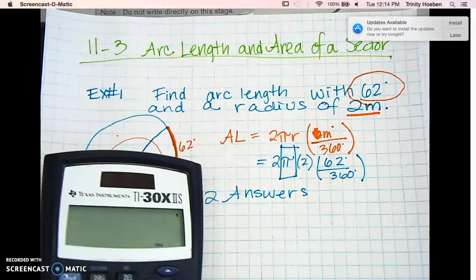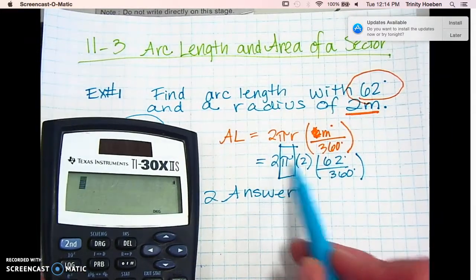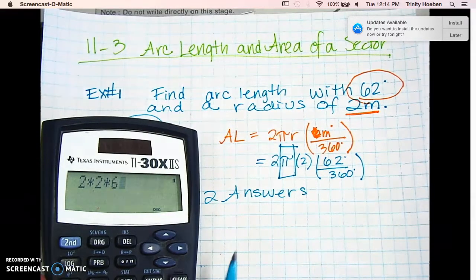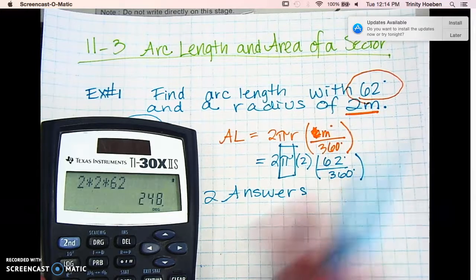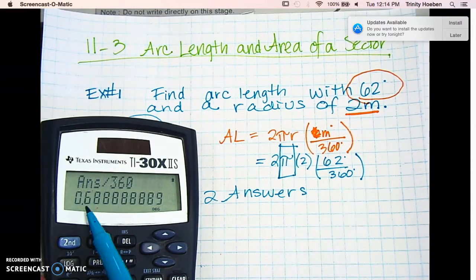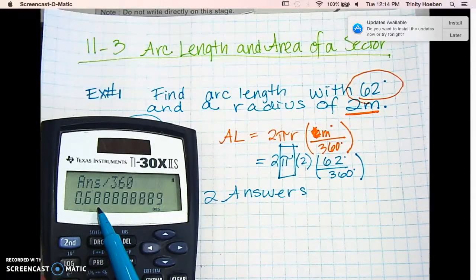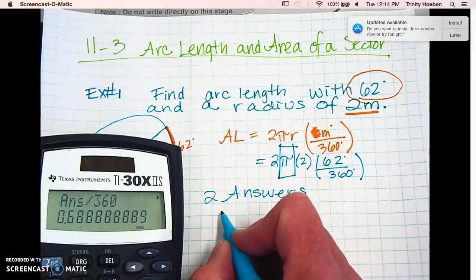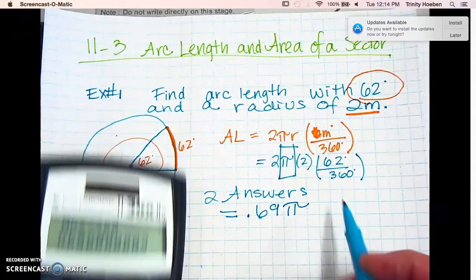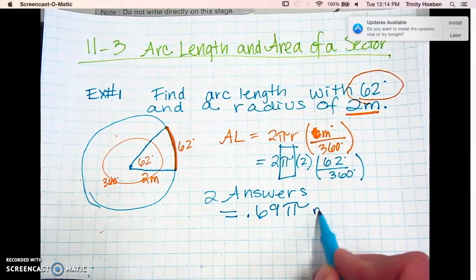You can type 2 times 2 times 62, hit equals, then divide by 360, and I got 0.68, and then after it's a bunch of 8s. So I'm going to round this. Does it stay or round up? It's going to round up. So we're going to say 0.69 pi, and this one is in meters.